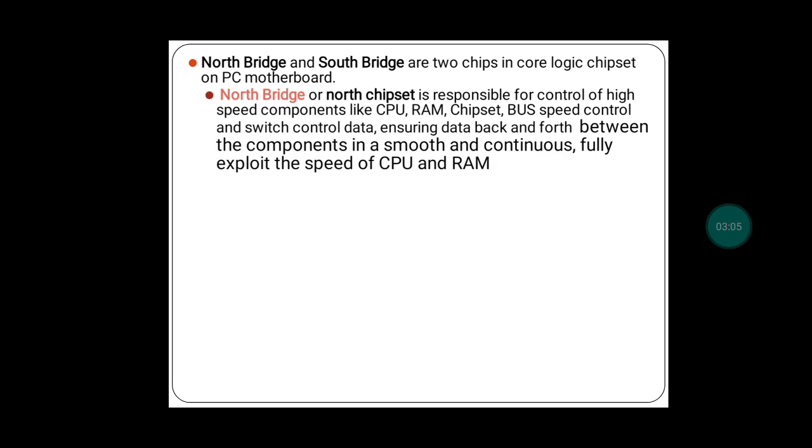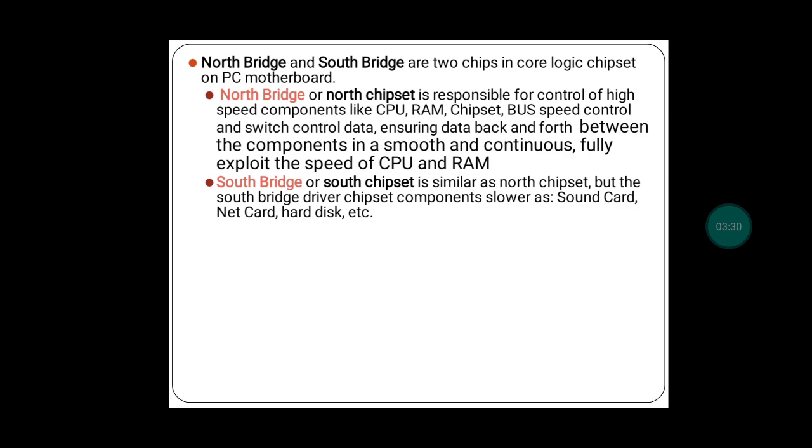So basically north bridge or north chipset is responsible for controlling of high speed components like CPU, RAM, bus, and moving data to and fro between the components of the computer system, making use of the speed of RAM and CPU properly. Next, see south bridge. South bridge is also similar to the north bridge only, but its work is to control the slower devices such as sound card, net card, hard disk.